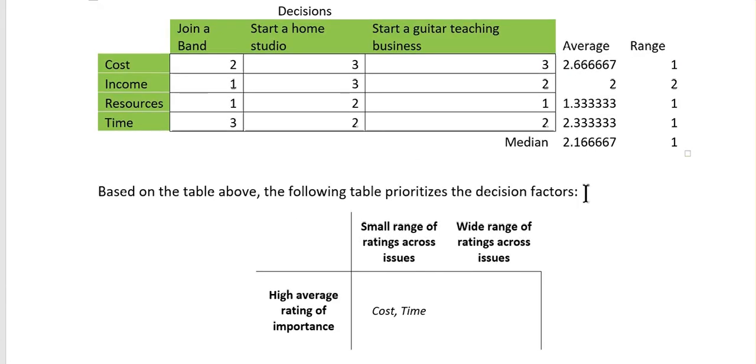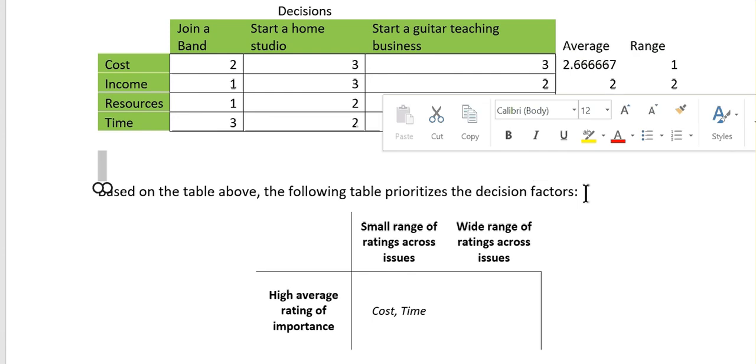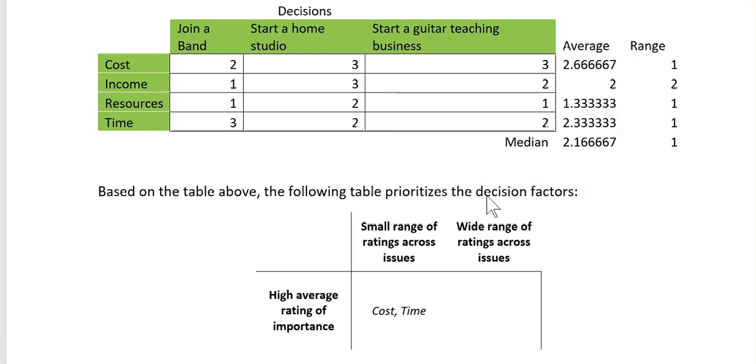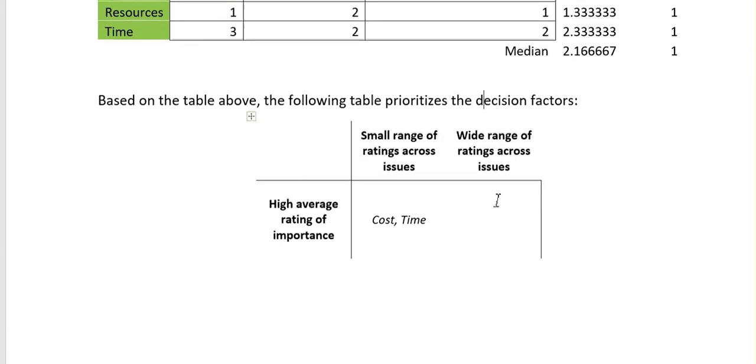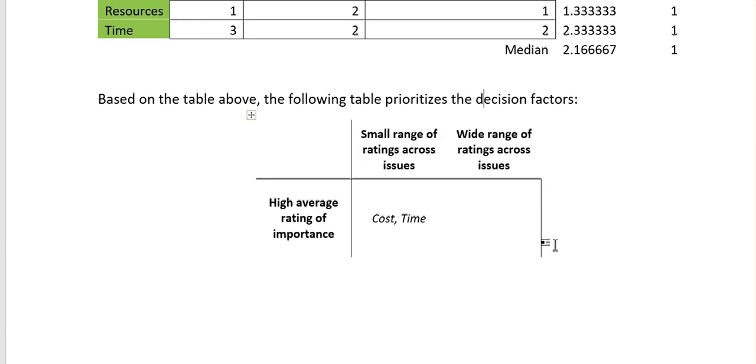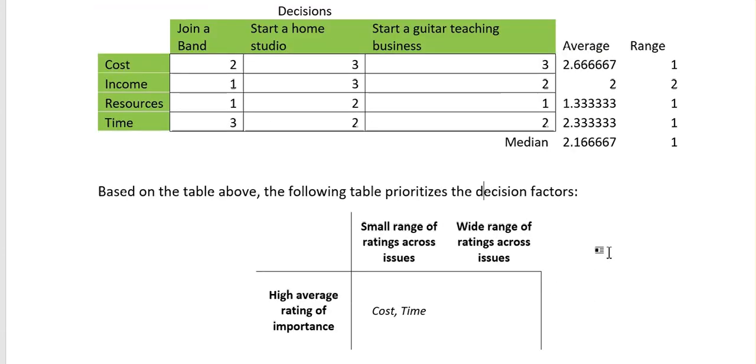So according to the lessons, if the average is more than the median, it will fall under high average rating of importance. And if the range is less than or equal to the median, it will have a small range.